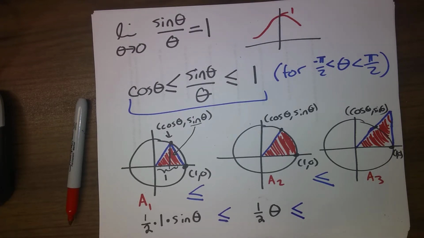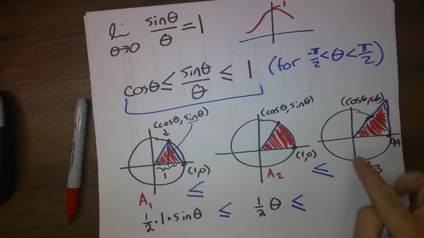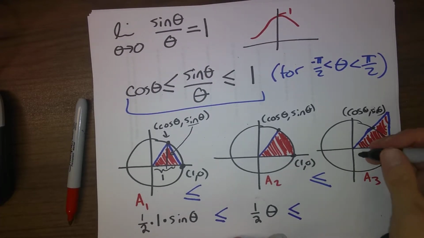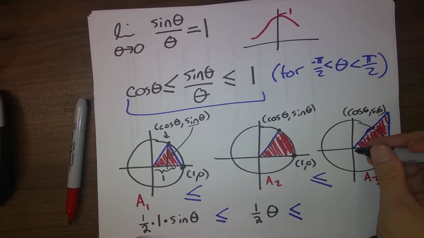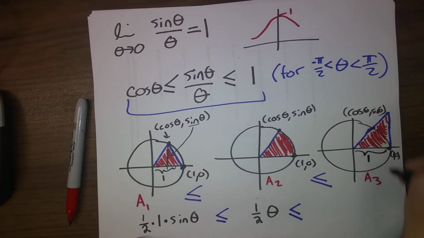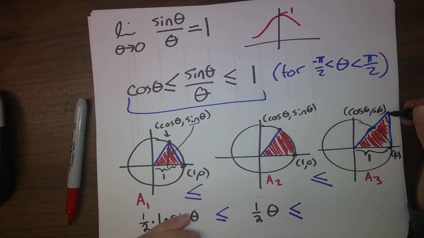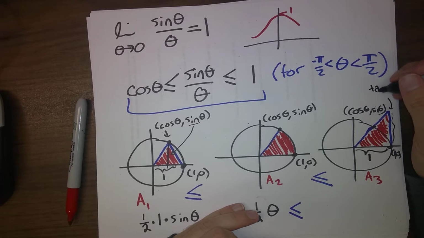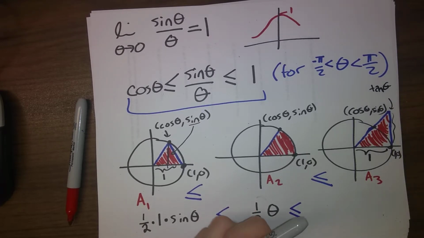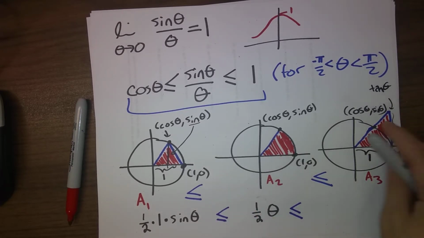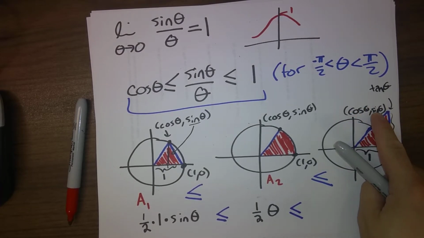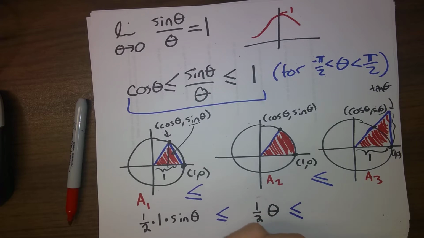Now we need to think about the third expression here. So once again, this is a triangle where we have to figure out what is the base and what is the height. So once again, our base is 1. And so our height here actually ends up being tangent of theta. You can see that just by thinking about cosine theta, sine theta, some similar triangles and stuff like that.